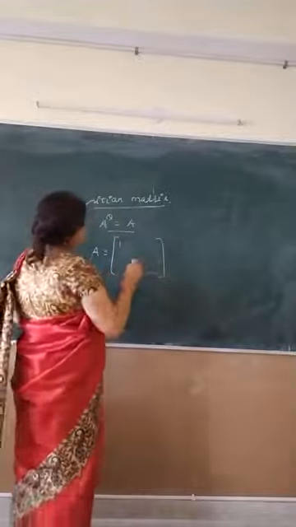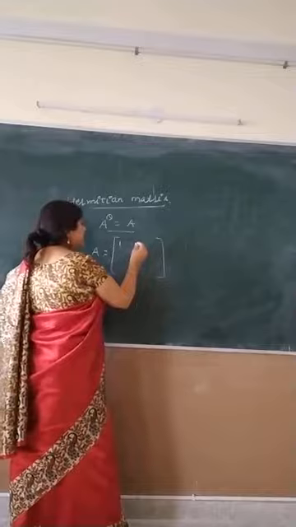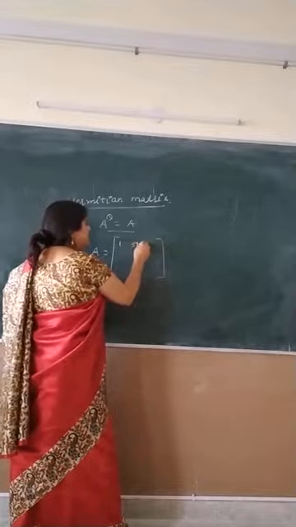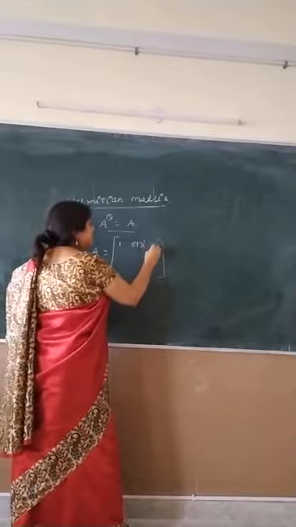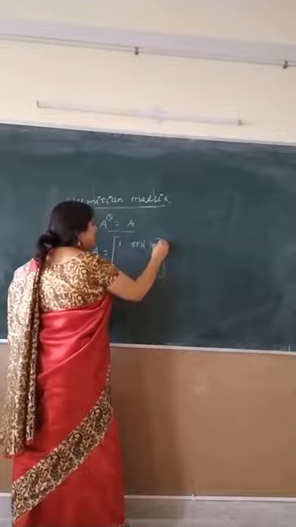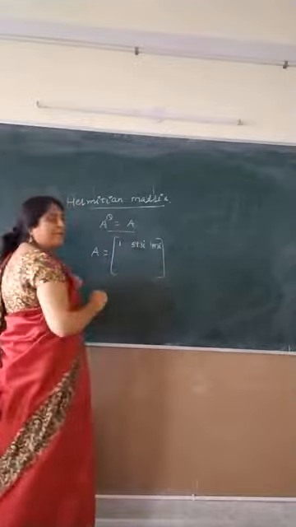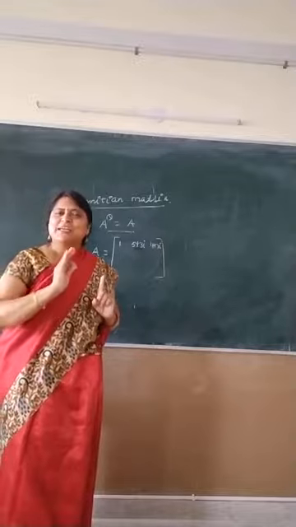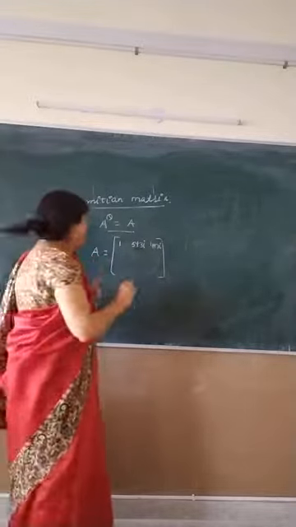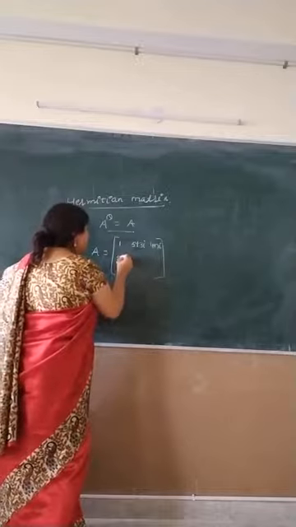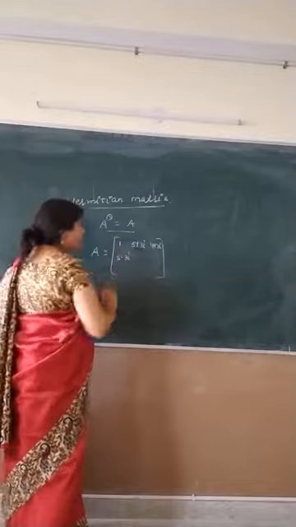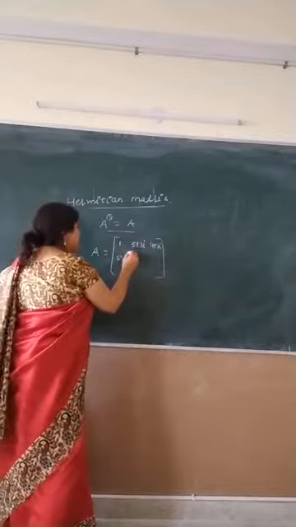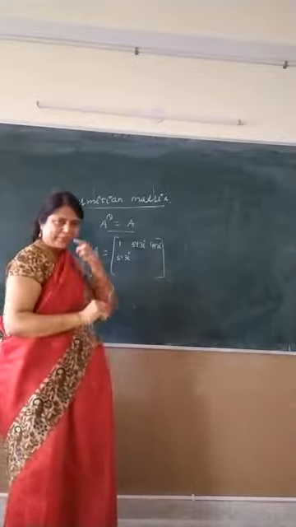I am writing here 5 plus 3 iota. This is 4 plus 7 iota. This element A12, students, should be equal to conjugate of A21. It should be equal to 5 minus 3 iota.